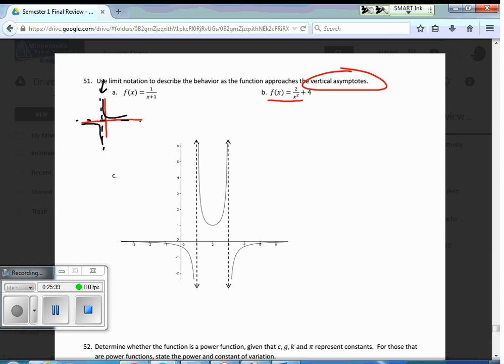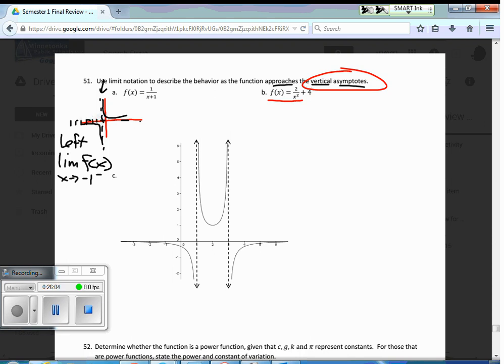So I'm going to do the left side limit. Limit of the function as x approaches, this time it's not approaching an infinity, it's approaching the vertical asymptote. So x is approaching, in this case, the asymptote is normally at 0, so it's at -1. It's approaching -1. And if it's approaching from the left side here, then that's from the negatives.